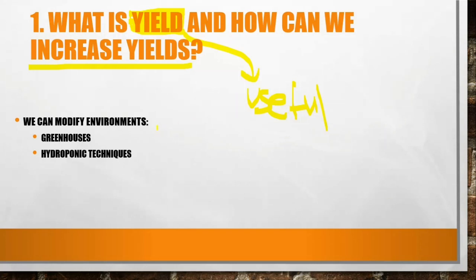Like, for example, we can implement greenhouses to maximally use the number of crops or plants that can grow inside of a smaller area, hydroponic technique. And also another thing about greenhouses, we can control a lot of abiotic factor, right?